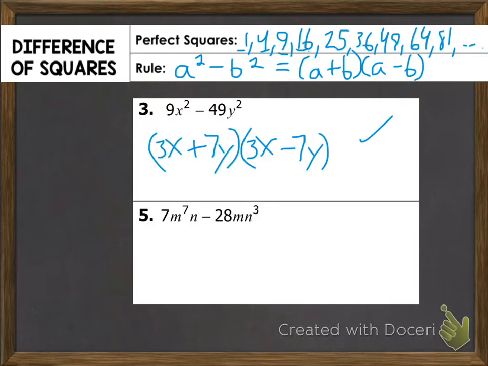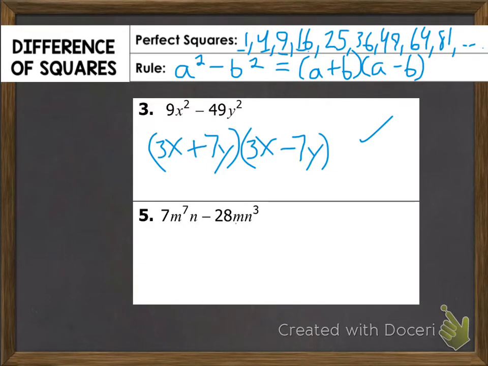So now let's look at number 5. This one's a little interesting. With number 5, you actually need to do the greatest common factor first, like we did on the previous slide, and then you're going to do your difference of squares. So let's see, what do 7m to the 7th n minus 28mn cubed have in common?